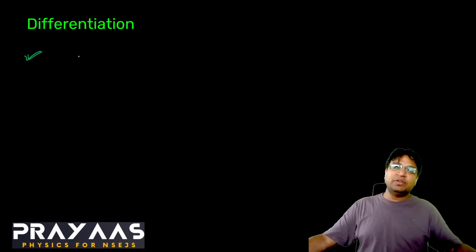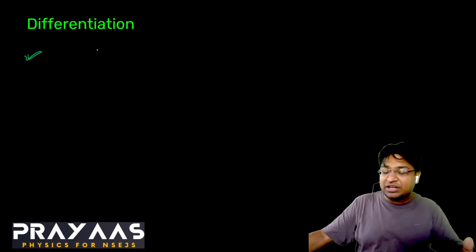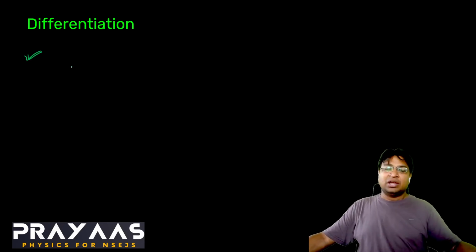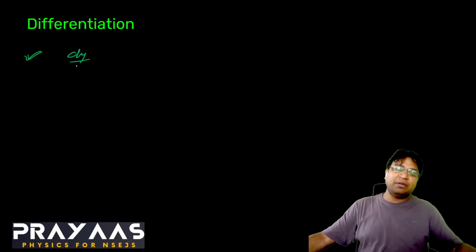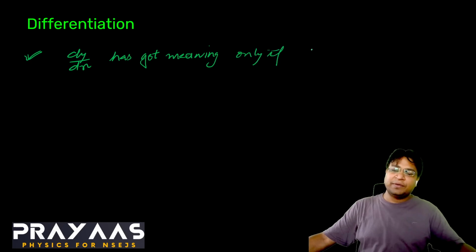So guys, you will be able to differentiate y with respect to x only if y is a function of x, or in other words, y depends on x. So dy by dx has got meaning, or it basically means that you can expect to do something, only if y is a function of x.